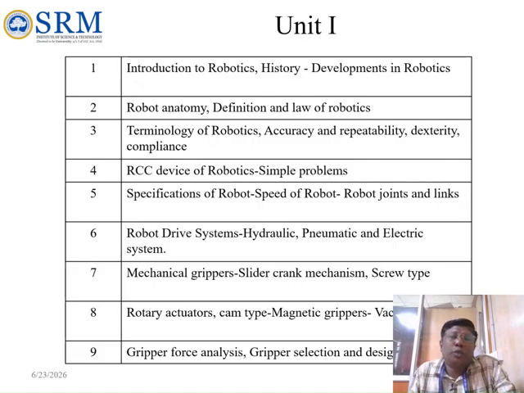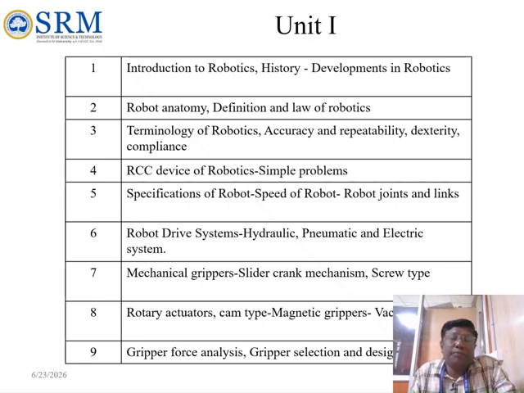So this Unit 1 consists of introduction to robotics, history and development in robotics and robot autonomy, definitions and laws of robotics. Next we will be seeing the terminology of robotics, accuracy and repeatability, dexterity and compliance, and the RCC device of the robot, with simple problems.